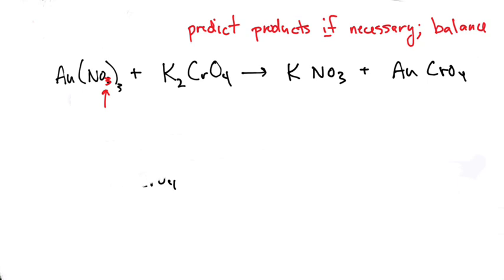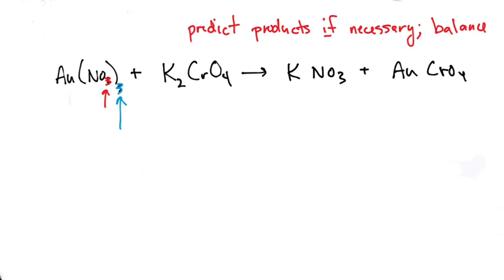Okay. Since that makes sense, let's move to the next number. What is the meaning of that 3? Three nitrates. Why? To balance gold. That's a different meaning. The red 3 was there to make nitrate. The blue 3 is present to balance gold.